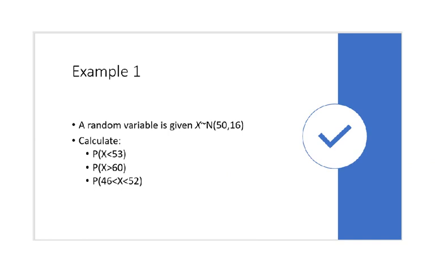Using example 1, it says that a random variable is given, X and in brackets N with 50 and 16. Whenever it's given to us like this, X represents our variable, and we have N here.